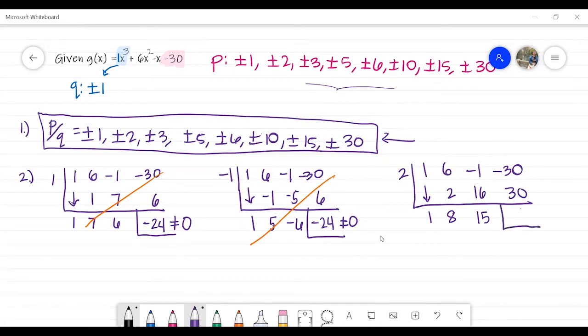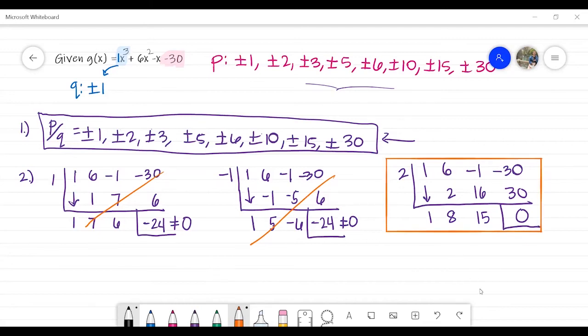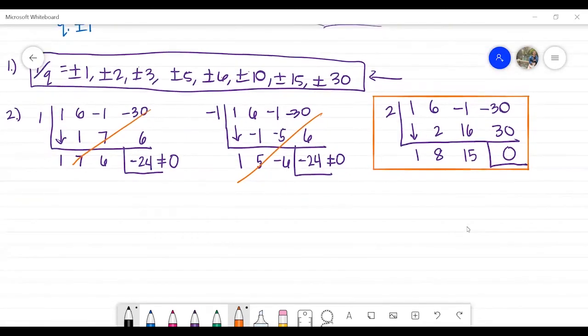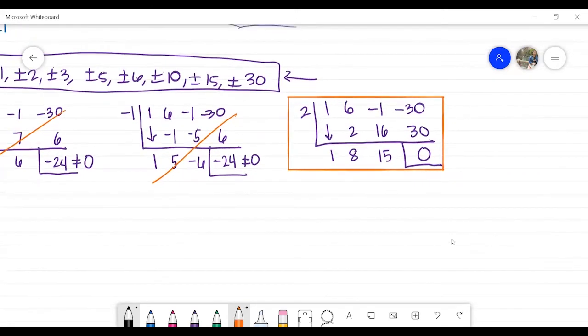So when we add this, we actually get 0, which is great for us, right? So this means that this is, in fact, one of our zeros of our polynomial. So I am going to keep a list of our zeros. 2 belongs to that list.